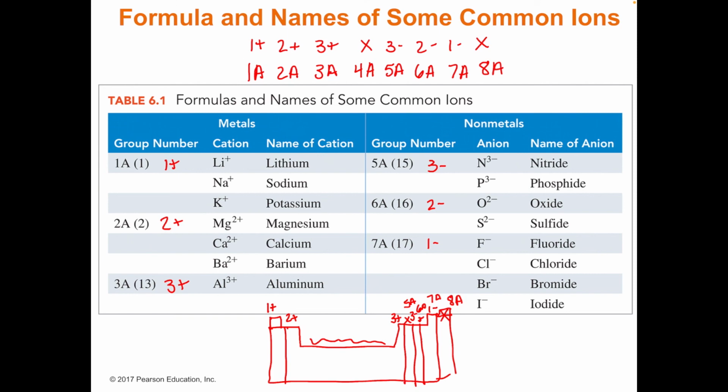The nonmetals will gain electrons to complete that valence shell that they already have going. Like I said, group 4A are mostly going to do, or at least the carbon will do, covalent bonding, and group 8A, those noble gases typically don't form compounds because they already have 8 valence electrons.